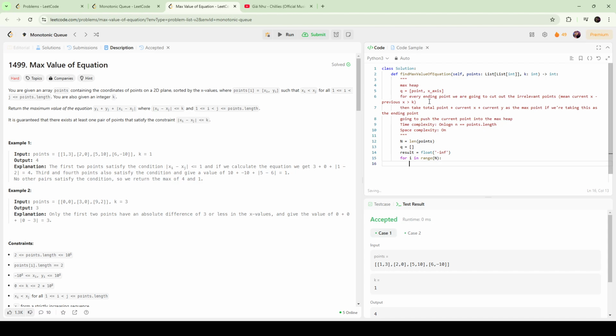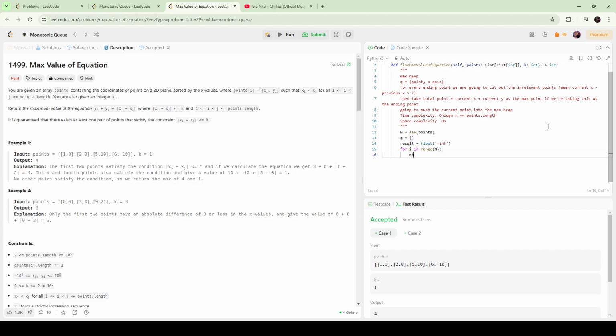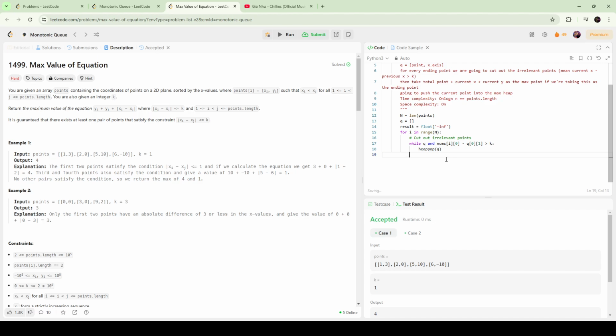First, we are going to cut out the irrelevant points: while the queue is not empty and the current x minus Q[0][1] is larger than k, heappop Q. And then what are we going to do next?